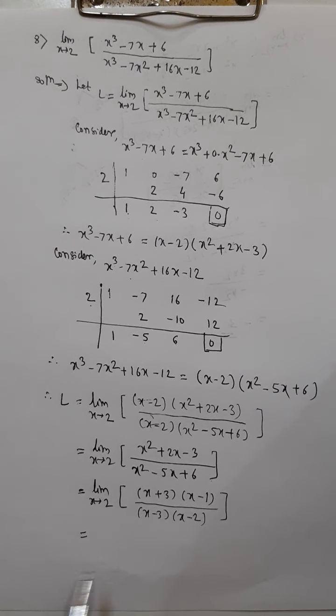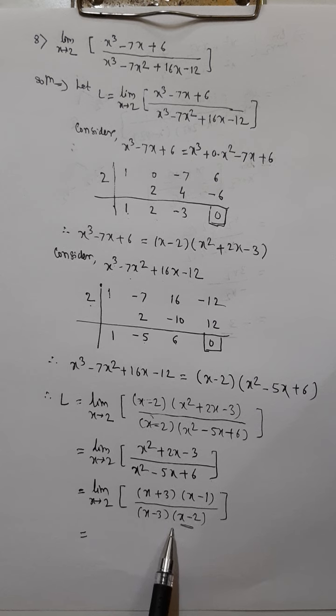If you put x equal to 2, if you replace x by 2, what do you get here? 2 plus 3 is 5, 2 minus 1 is 1. In the denominator we get 2 minus 3 and 2 minus 2. Note that there is the factor x minus 2 in the denominator, and when I put x equal to 2, we get 2 minus 2.